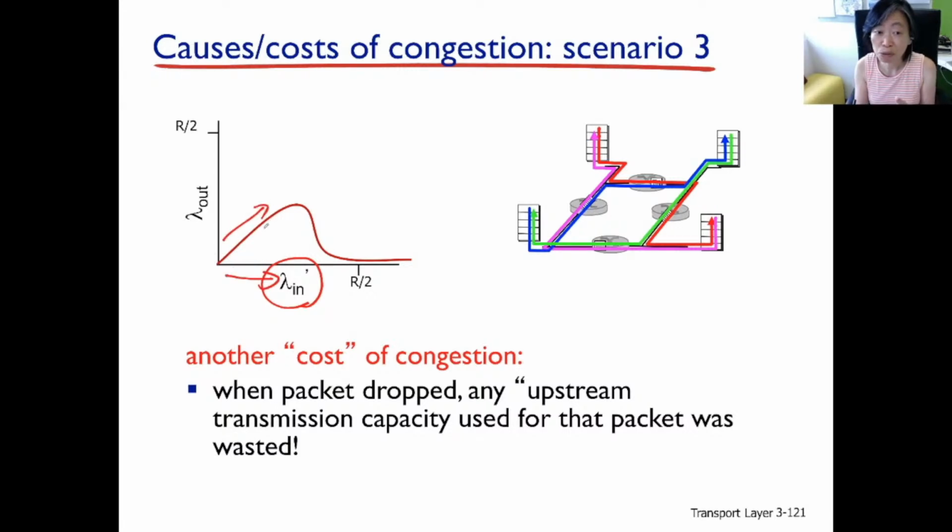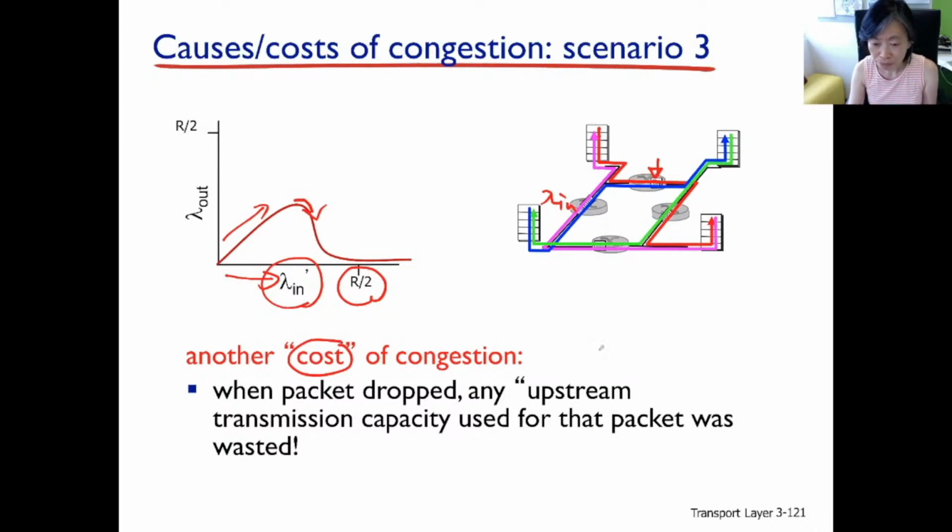But as it approaches half of R, blue packets get dropped a lot. Originally, not so bad, but in the end, when buffer overflow occurs here, the blue packet gets very little chance of coming through, and the throughput is going to be even lower than when lambda in is small. Really bad. So that is another cause of the congestion.